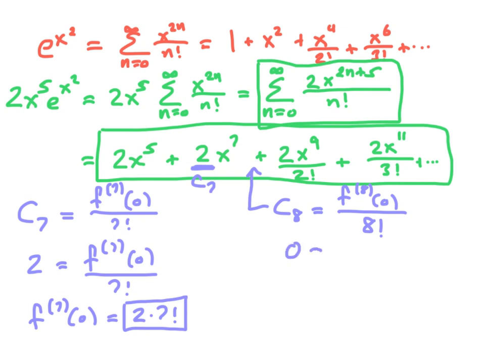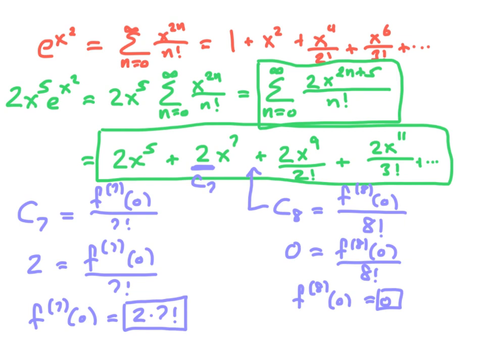And so here we get 0 is going to equal the 8th derivative of f at 0 over 8 factorial. And multiplying both sides by 8 factorial tells us that the 8th derivative of f at 0 is going to be 0.